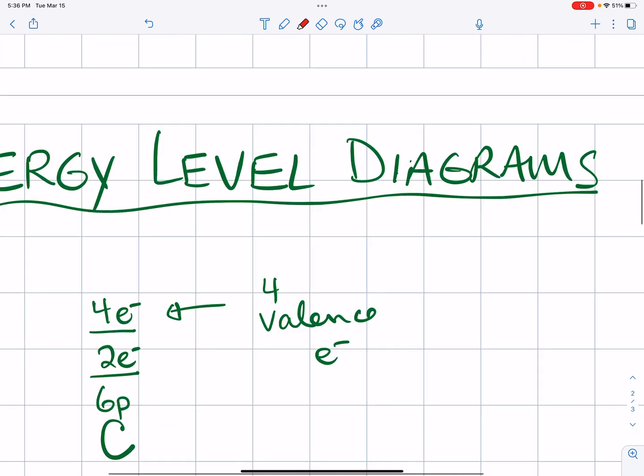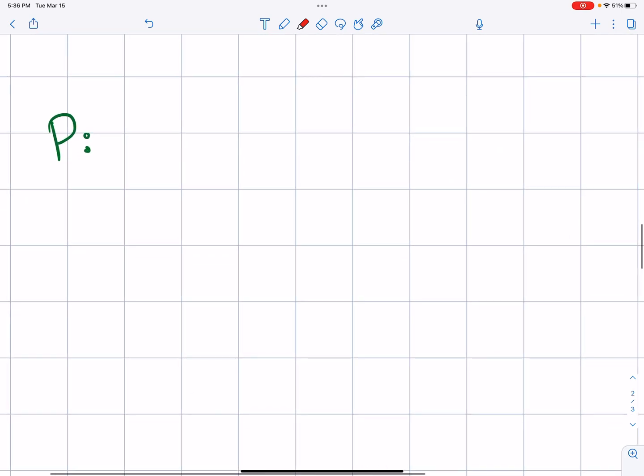Coming back down here to write the energy level diagram, we'll put the symbol for phosphorus, the letter P. We'll say that there are 15 protons in its nucleus. That means it has to have 15 electrons also. Protons are positive, the electrons are negative, and the atom is neutral, so they're equal.